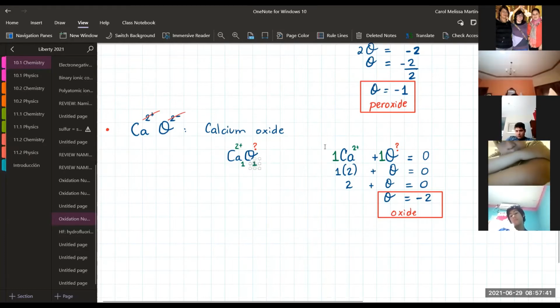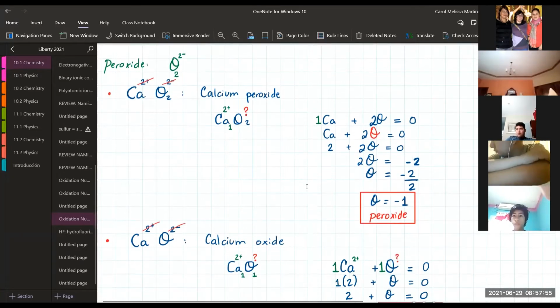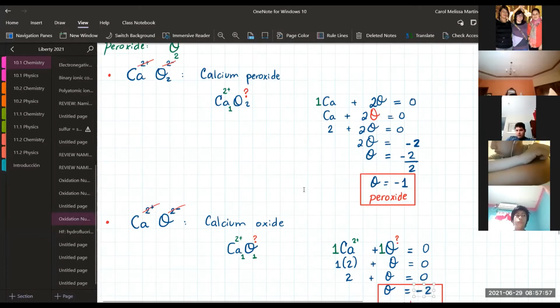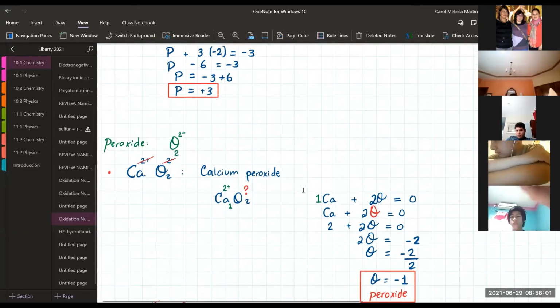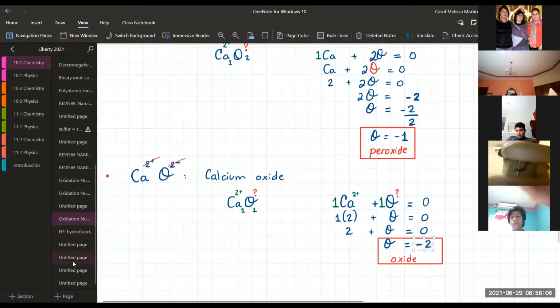And if you don't believe me, you can apply all this procedure to find the oxidation number for oxygen. In the end, you will notice that oxygen will be -2, and -2 is normal oxygen. There are very specific cases where it's going to be peroxide, but they are very, very, very specific. It's not too common. That's all I'm saying.